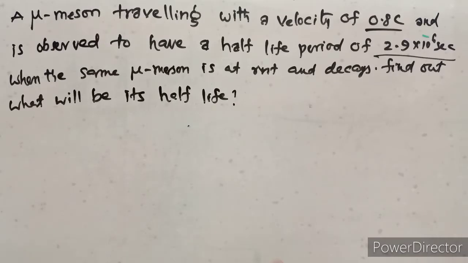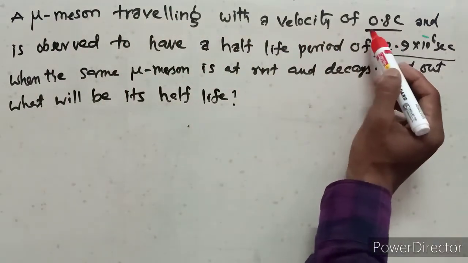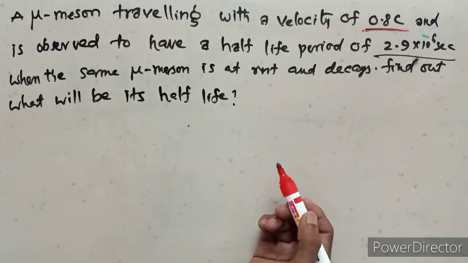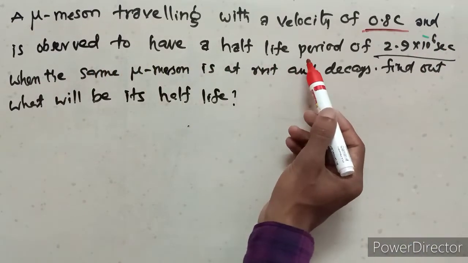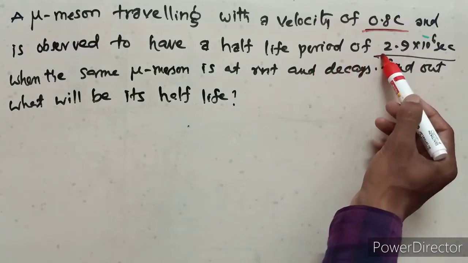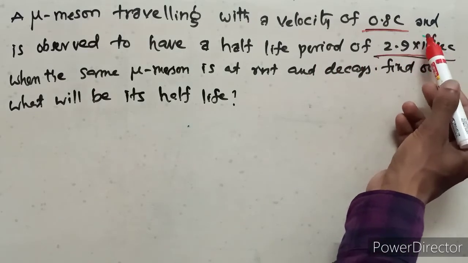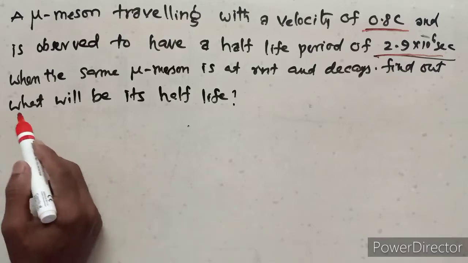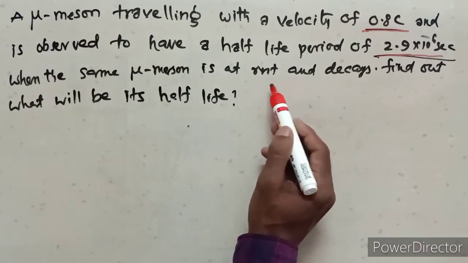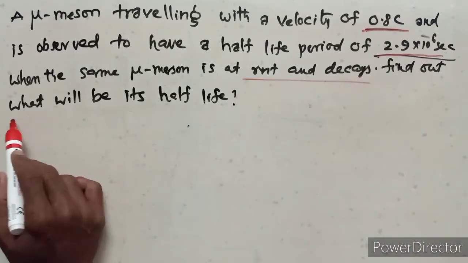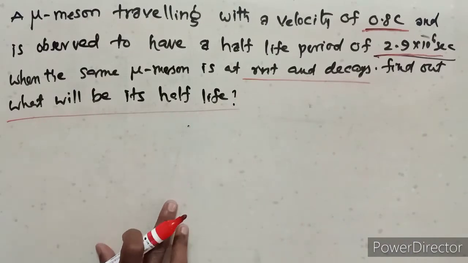Our next problem: a mu meson traveling with a velocity of 0.98 light velocity is observed to have a half-life period of 2.9 into 10 to the power of minus 6 seconds. When the same mu meson is at rest and decays, what will be its half life?